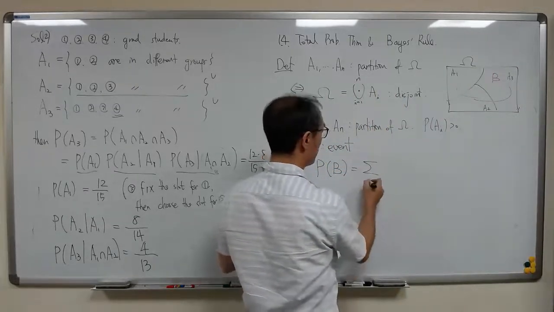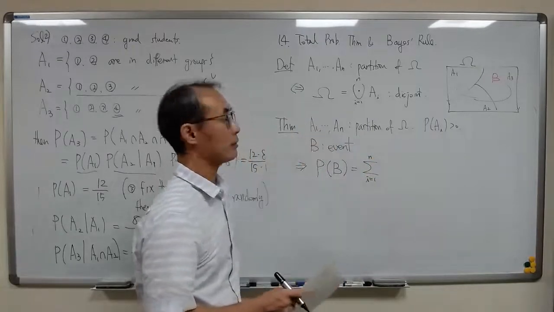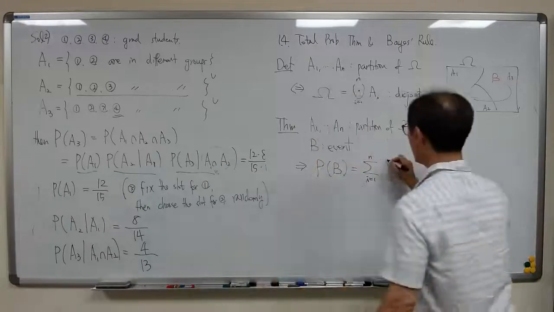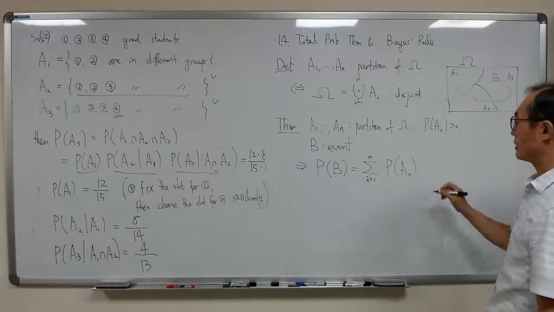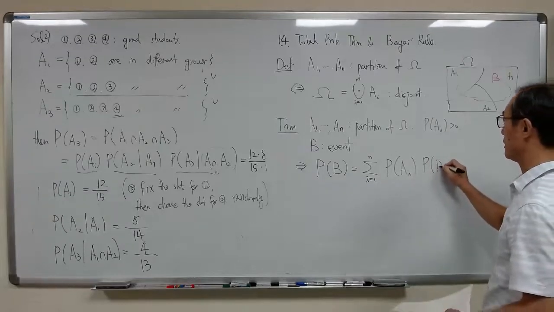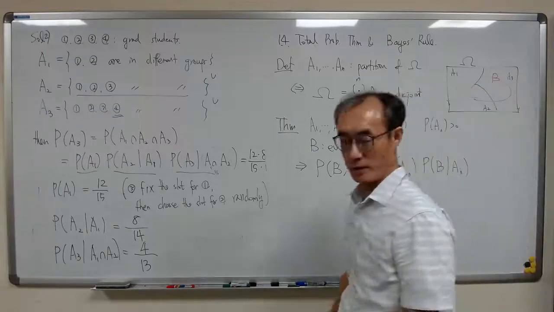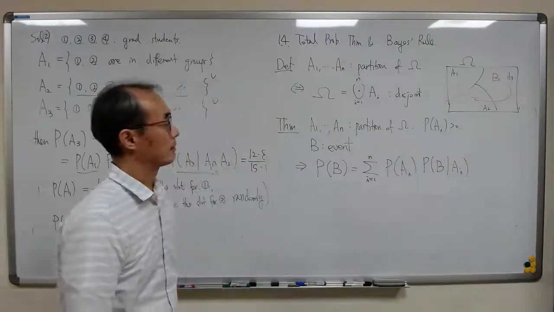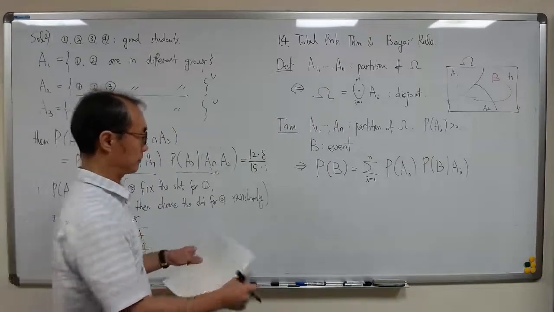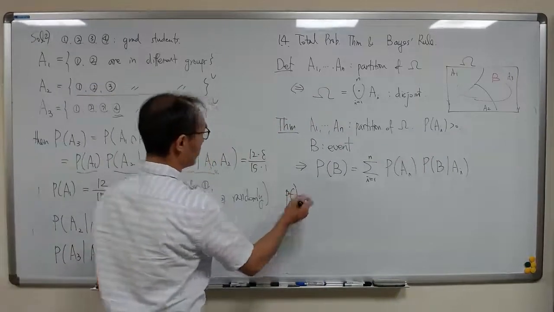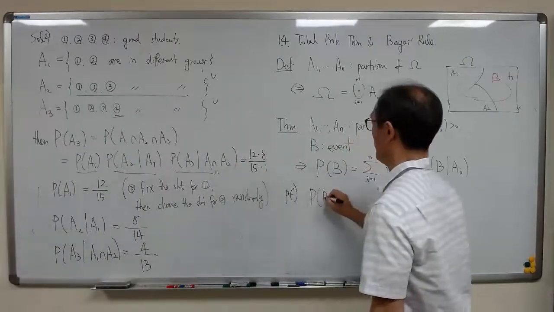This is obtained by the summation, as i goes from 1 to n, for each element in the partition, of the probability of the partition event multiplied by the probability of event B given this event in the partition. That's the total probability theorem. Actually, the idea is very simple.